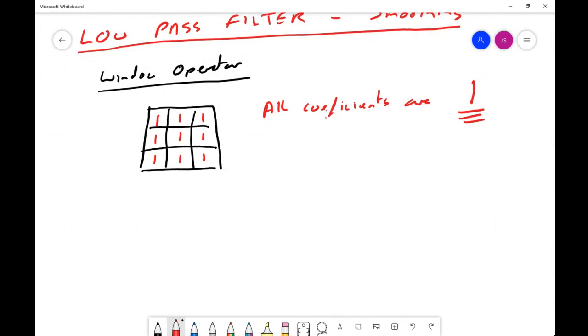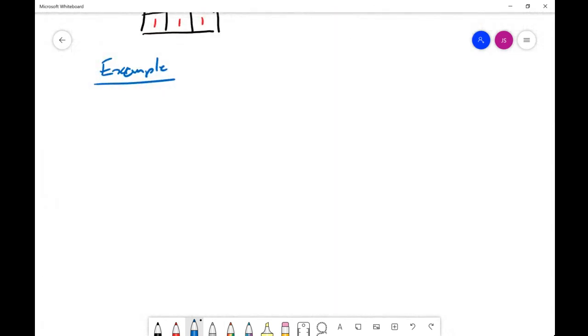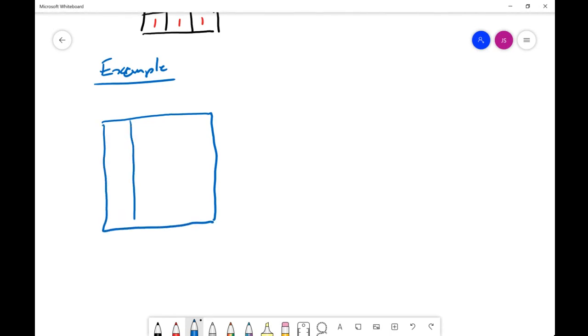Now I'll use an example, an example of low pass filtering. Let's take an image, and I'll take a 5 by 5 image. You don't have to copy this down exactly, you can devise your own.